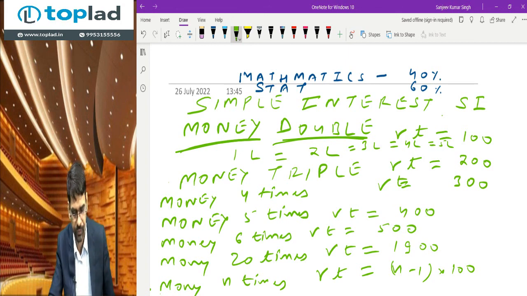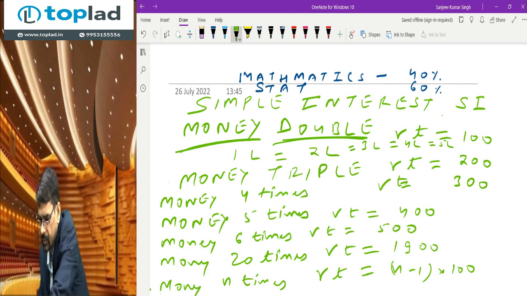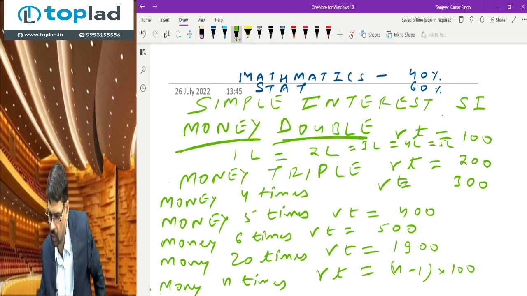You have to remember this formula. With this formula, you get the answer.